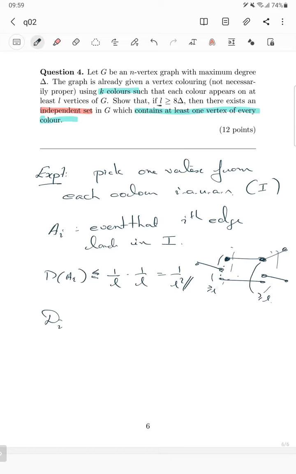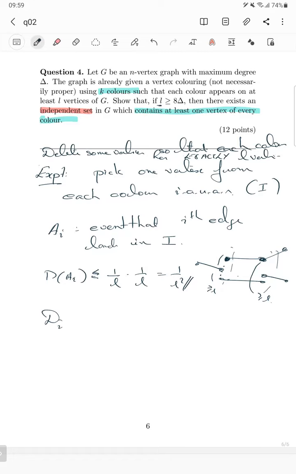But here, maybe I'm making a small mistake. Maybe before doing this experiment, I will delete some vertices so that each color has exactly L vertices.